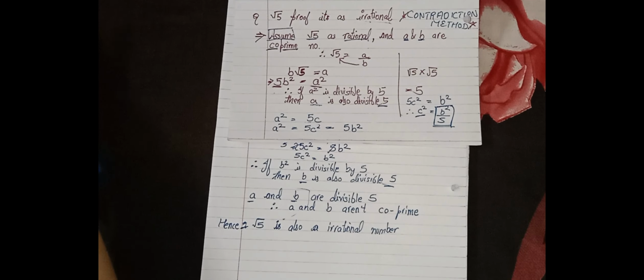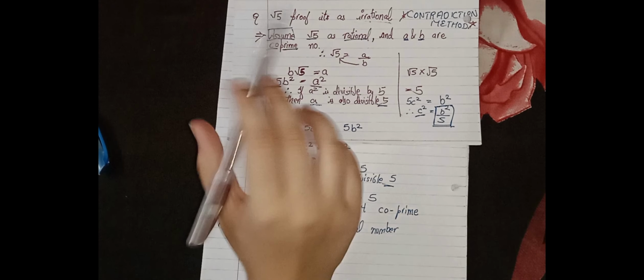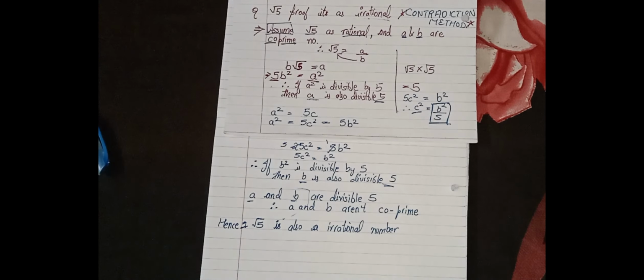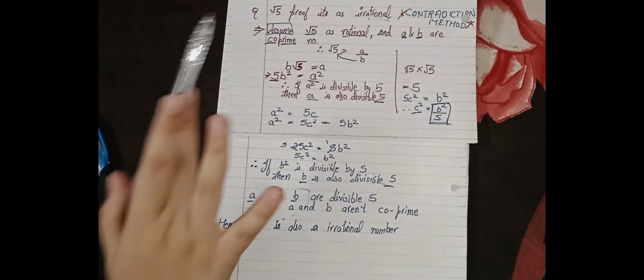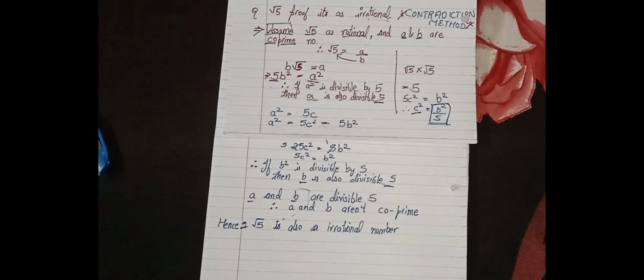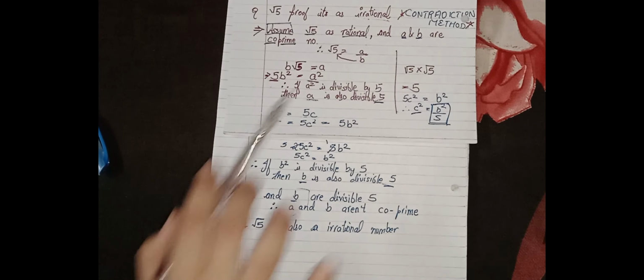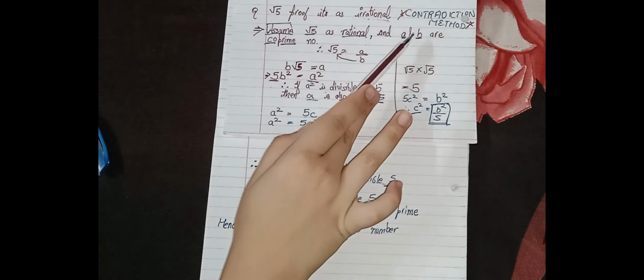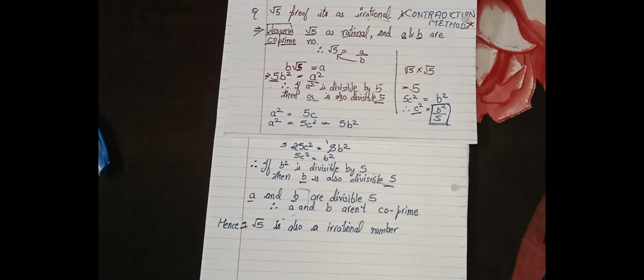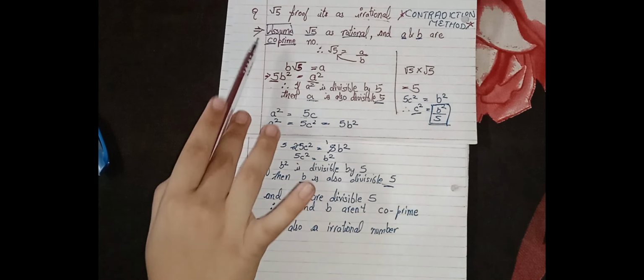Let us revise it once more, a quick recap, so that we can move to the exercises of this chapter. We had to prove root 5 irrational, right? We will use the contradiction method, in which we assume root 5 is a rational number, where a and b are co-prime numbers.